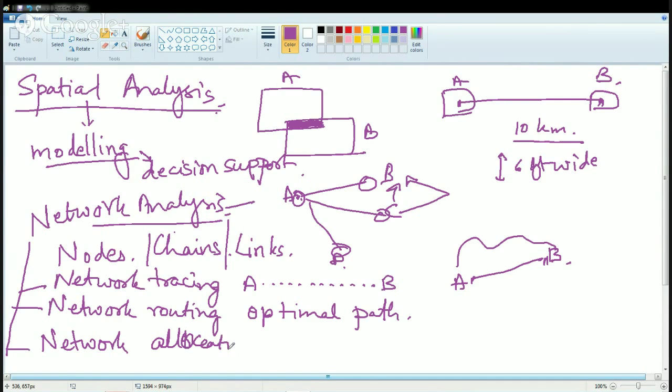Now, what is important in allocation? In network allocation, you need to designate specific portions. So, designation of portions.